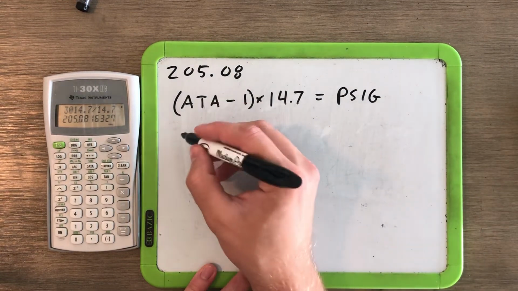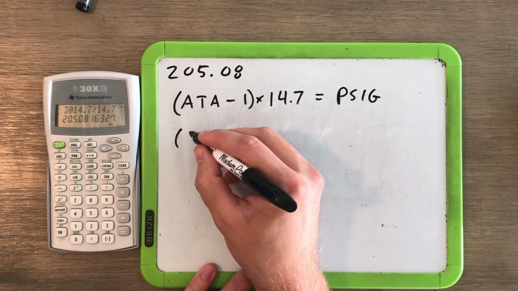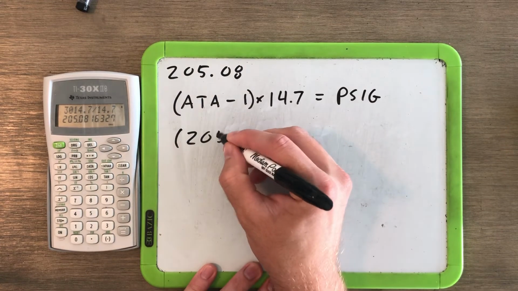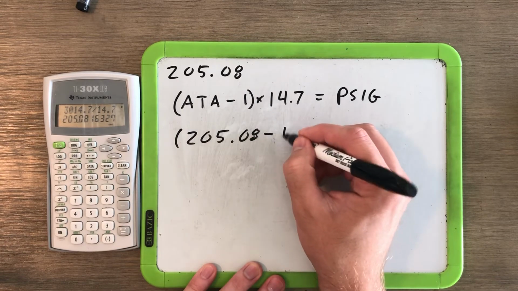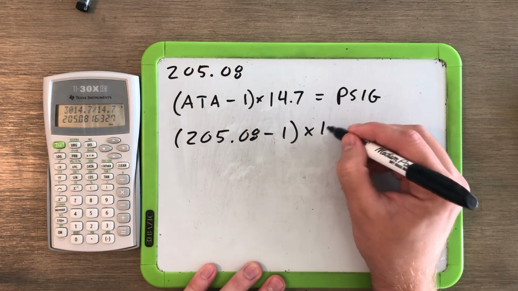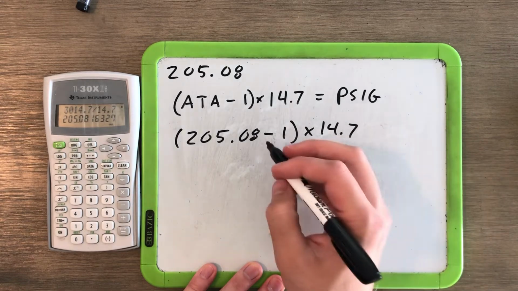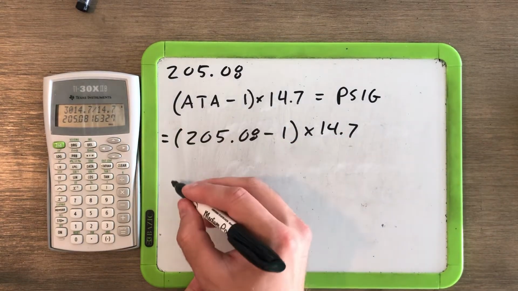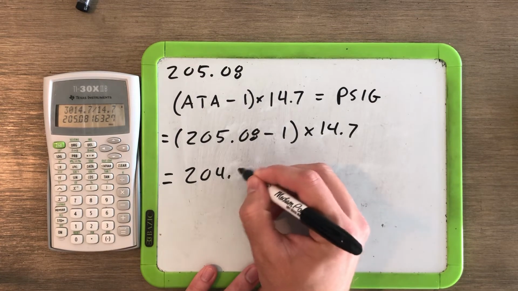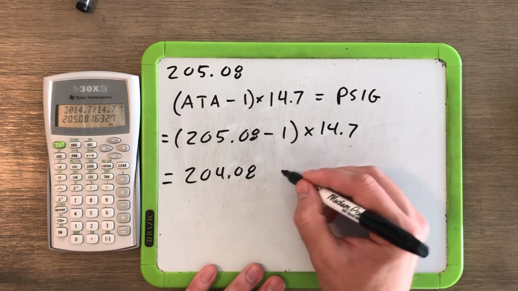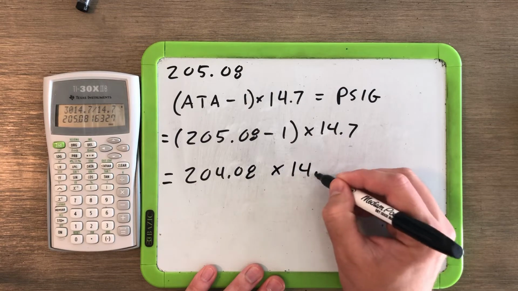So I'll take this number that I got over here, and remember, by putting this number in, we should get something about 3,000 to make sure that we did our math correctly. So we'll do that, and then we know that that's going to be 204.08 times 14.7.